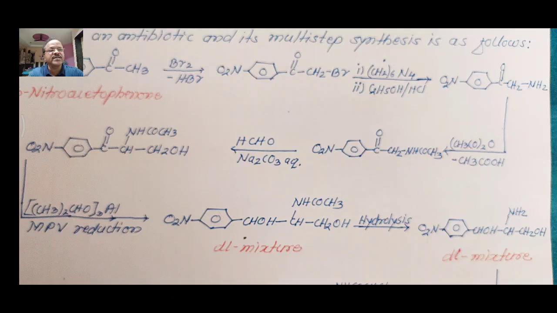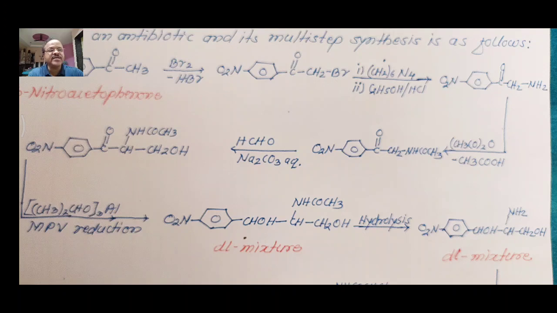Now this acetylated compound on a reaction with HCHO in presence of aqueous Na2CO3. HCHO means formaldehyde and Na2CO3 sodium carbonate. We are getting the compound. Now just I am mentioning the change that is happening with the previous compound.